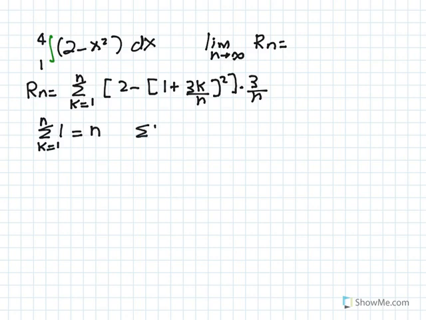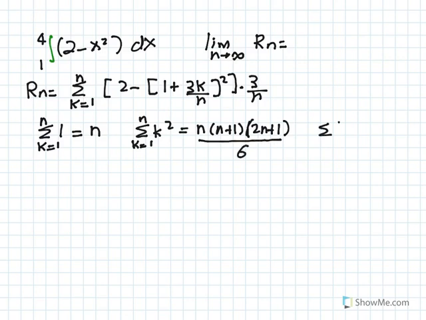The summation of k squared, k goes from 1 to n, is equal to n times n plus 1 times 2n plus 1, divided by 6. And the summation of k, k goes from 1 to n, is equal to n times n plus 1 divided by 2.